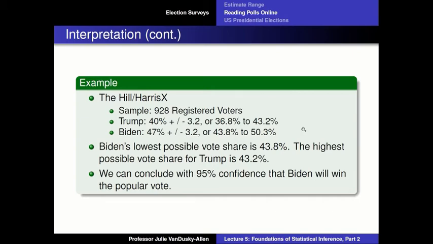Biden's lowest possible vote share is 43.8, but the highest possible vote share for Trump is 43.2. We can conclude with 95% confidence that Biden will win the popular vote.